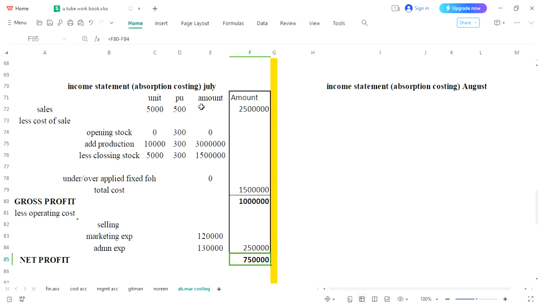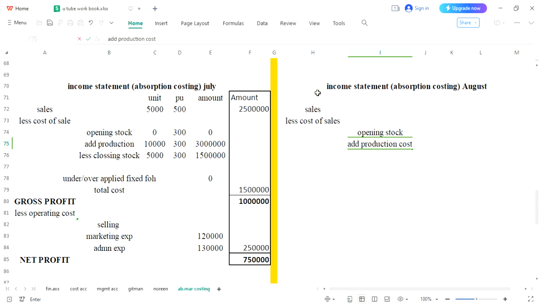Now for August, what you will do, you need to have same, everything would be same, but obviously the inputs would be different. So you need your sales, and then you will subtract your cost of sales, with which you will start opening stock, and then you will add production cost, will subtract closing stock, and this will calculate your total cost.